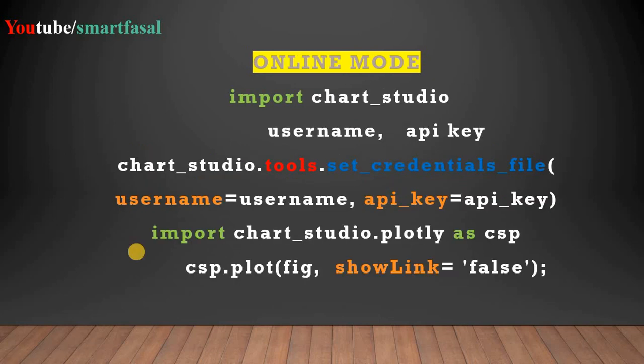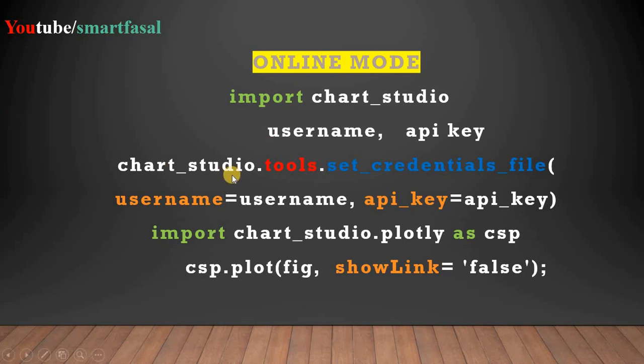On the other hand, in the online mode, we have to import two functions. Firstly, chart_studio to use our username and pass an API key from the Plotly library to the Plotly web function.